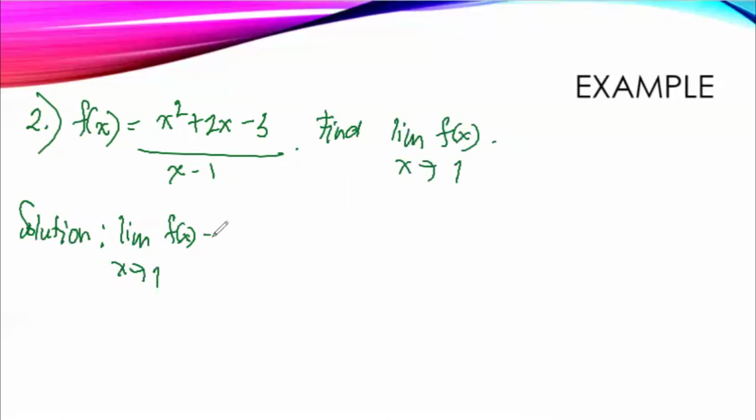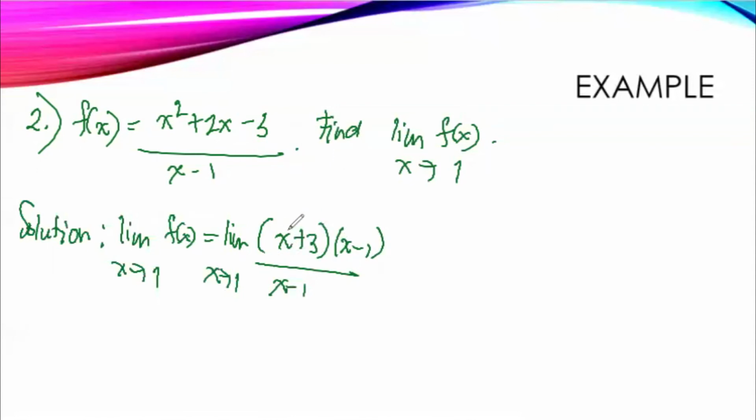And this is equal to the limit of, now is this factorable? What are the factors of this? Let's try x plus 3, x minus 1, over x minus 1 as x approaches 1.